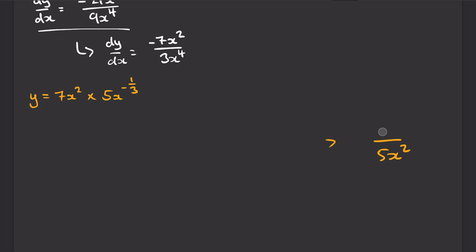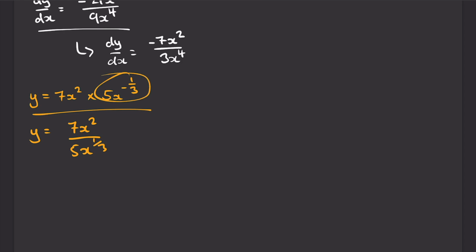So knowing that, we can say that we need the quotient rule here, because y is also equal to 7x squared over 5x to the power of 1 over 3. If you don't get that, it's basically because we took the reciprocal of this part of the function and put it at the bottom, because this is also identical to 1 over 5x to the power of negative 1 over 3.